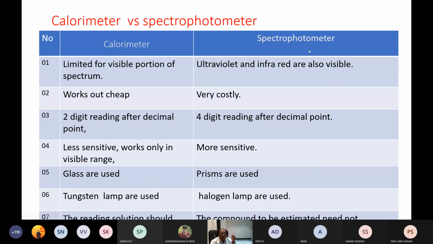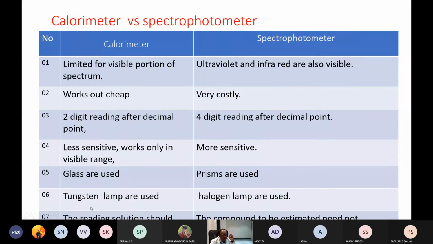Only glass filters are used in the colorimeter, whereas prisms are used in the spectrophotometer, where the light is more focused and concentrated, and the required wavelength can be selected. So prisms are of good use.